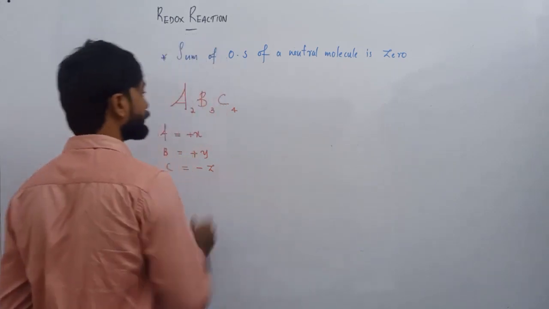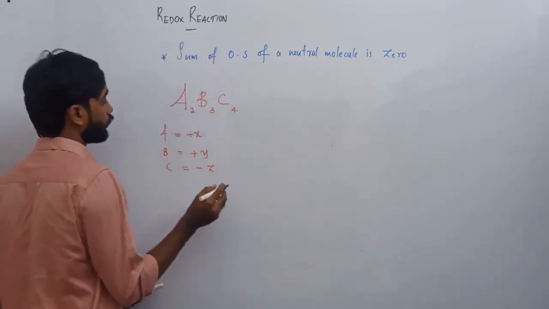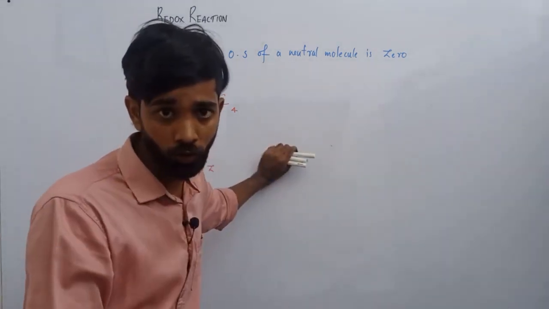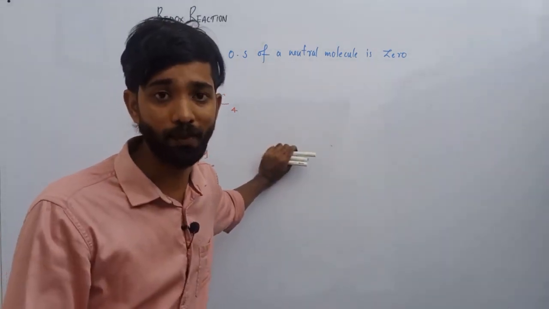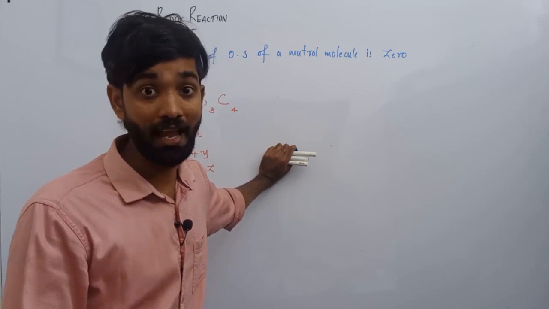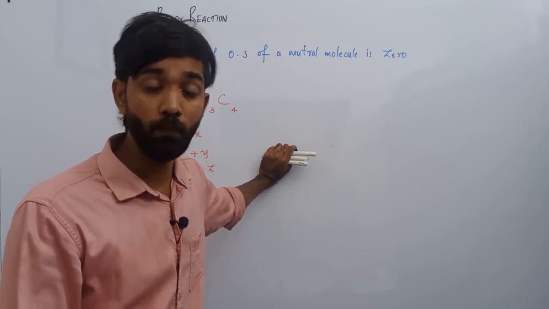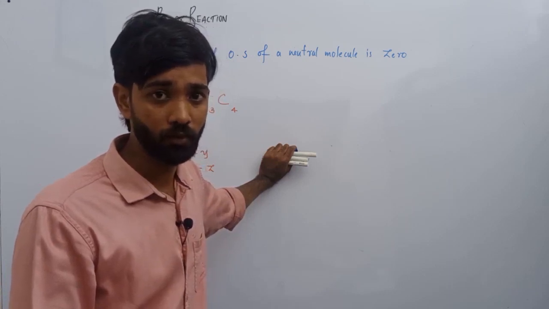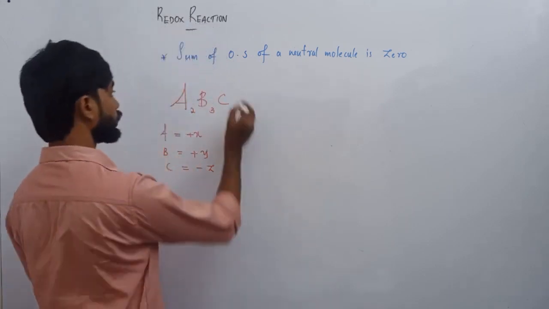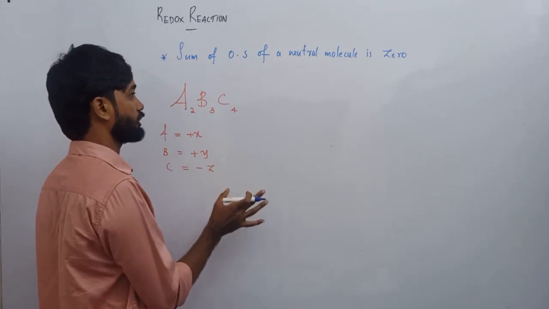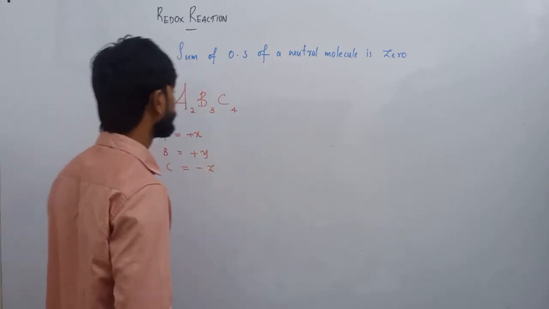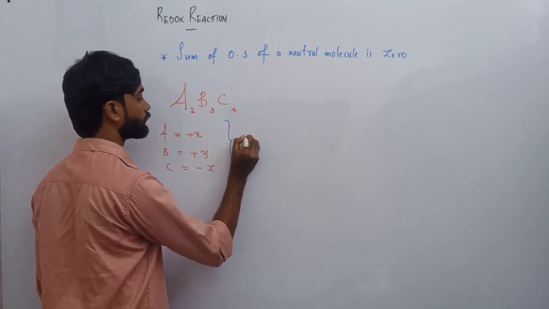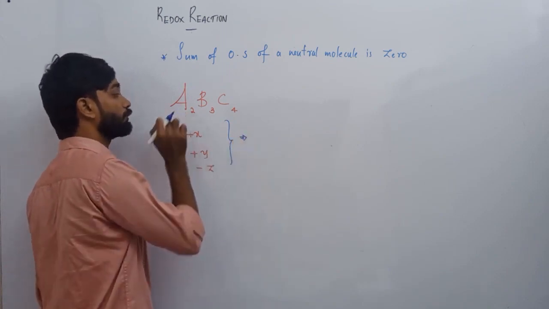Then how can we apply this concept? This is a neutral molecule which consists of 3 atoms, A, B, C, where A has a charge of +X, B has +Y, C has -Z. But since it is a neutral molecule, the sum of the whole charge will be 0. And how can we apply that concept? First, the first atom, which is it?